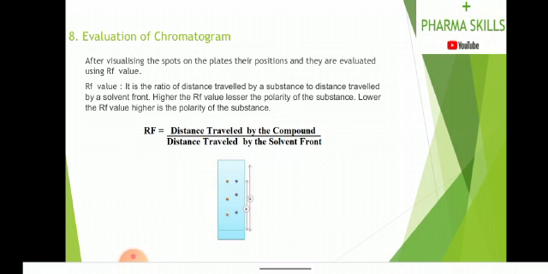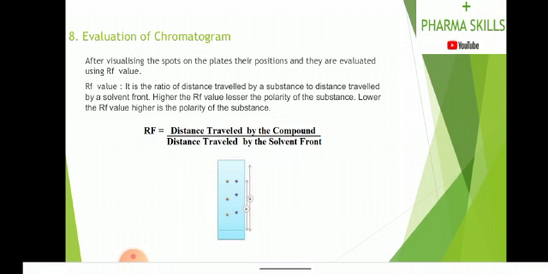As we have seen before, we divide the distance traveled by the sample by the distance traveled by the solvent. A higher RF value means lesser polarity of the substance. A lower RF value means higher polarity of the substance. RF is equal to the distance traveled by the compound divided by the distance traveled by the solvent.